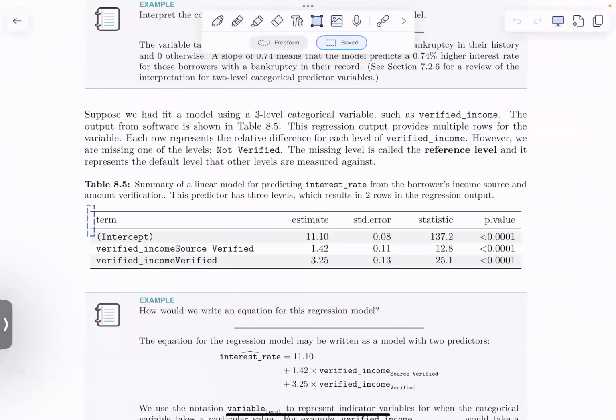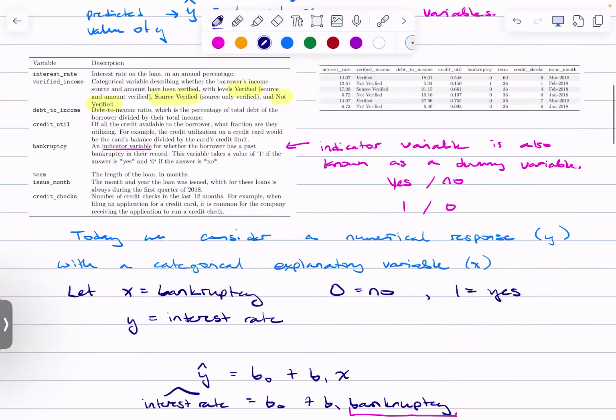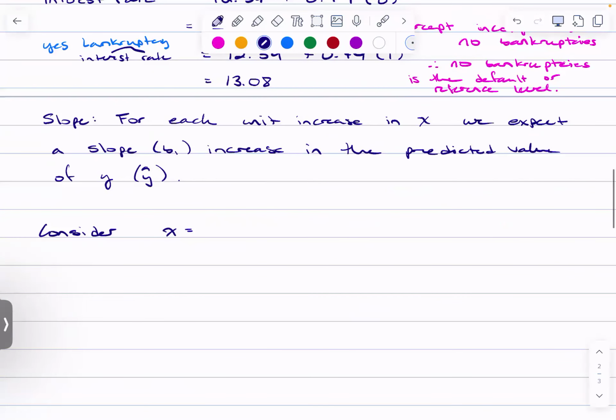Consider X, which is the, what was it called? Verified income, which has 3 levels. Consider X to be the verified income, which has 3 levels.